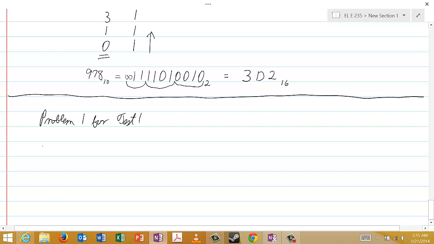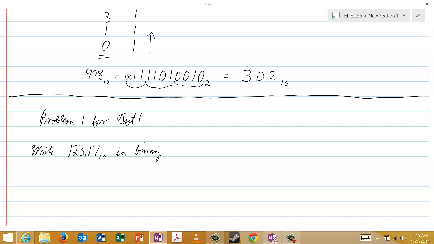So write 123.17 base 10 in binary. I see that this is a problem right away because you haven't learned quite enough to do that.